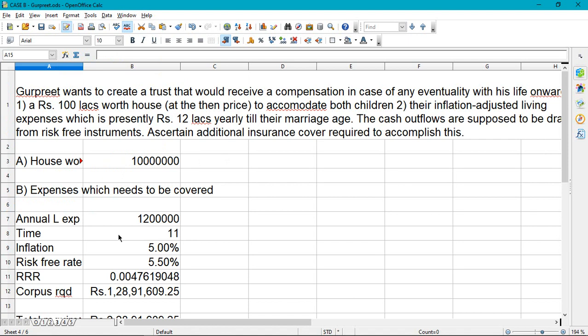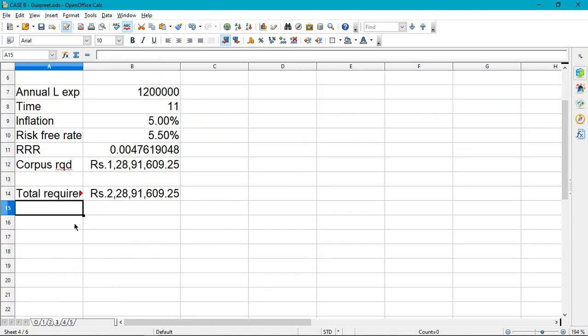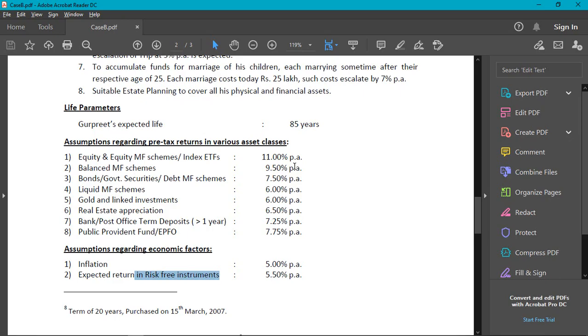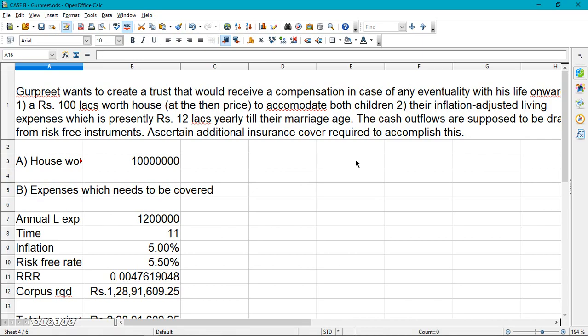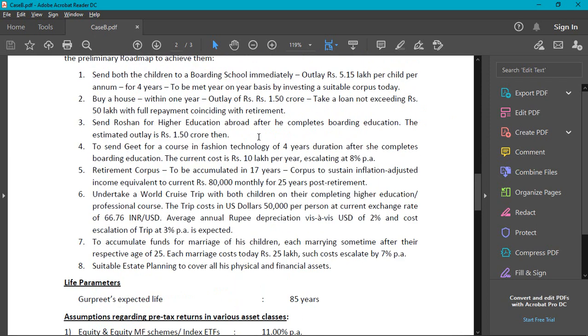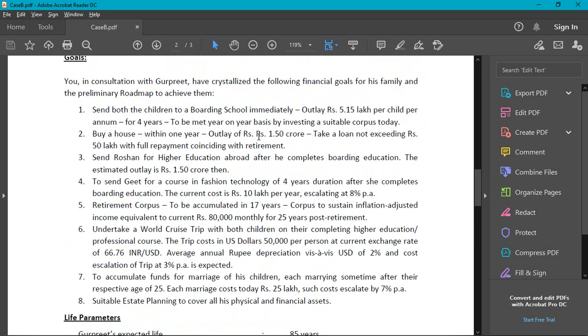So these two are priority. Now he has already some insurance cover. We have to check that out because it says what is the additional insurance cover. We have to be very careful about that sentence, that it says only the additional insurance cover, right?